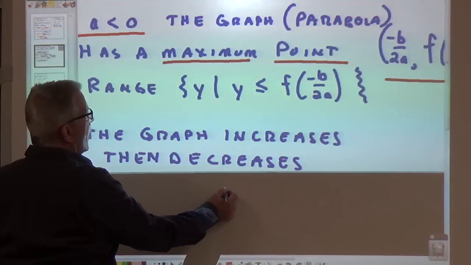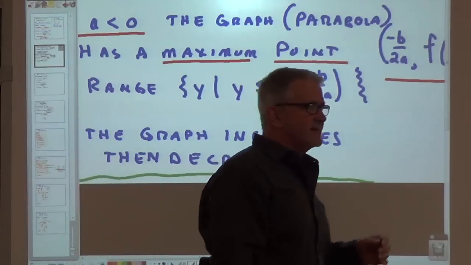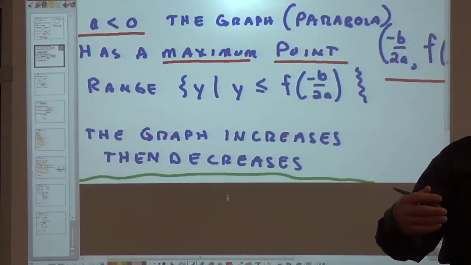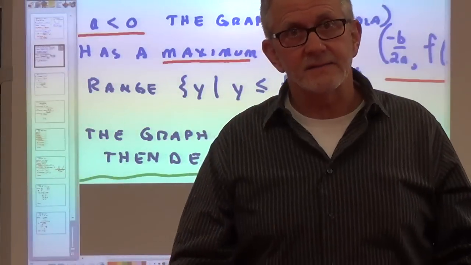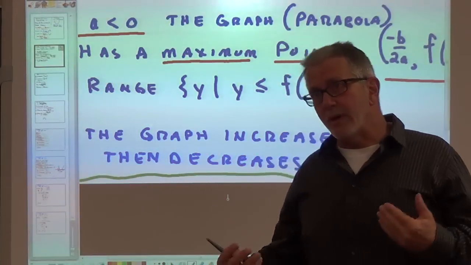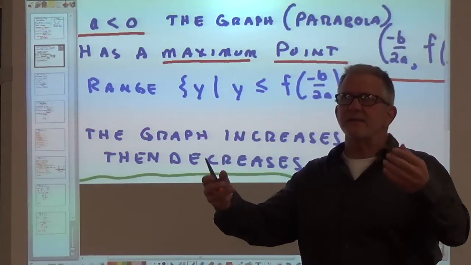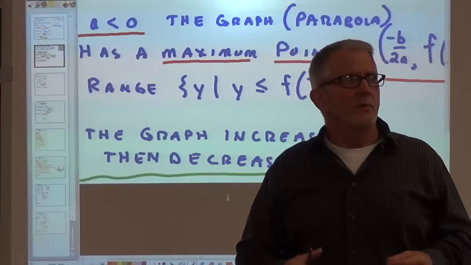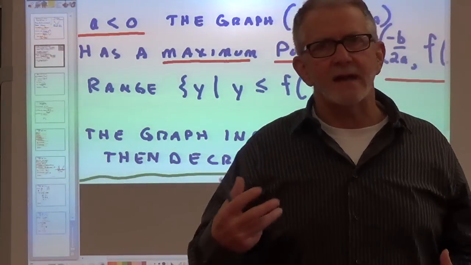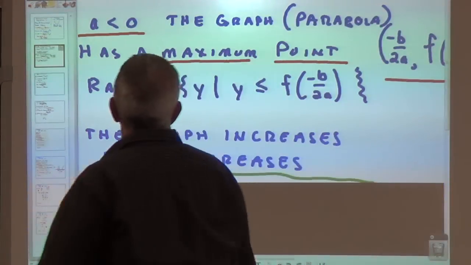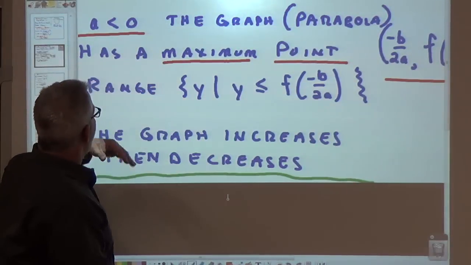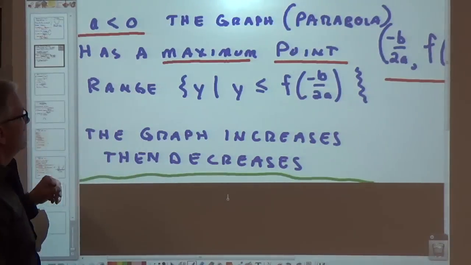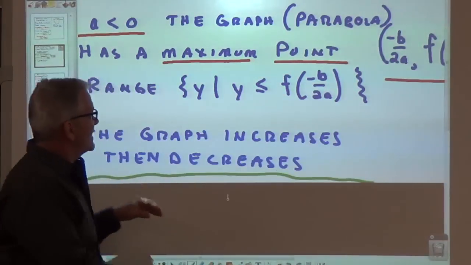Hey, what about, and this is something else if a is less than 0, something we're going to really talk a lot about in calculus and more in pre-calculus: is it increasing or decreasing? Where's that graph increasing? Where's that graph decreasing? If a is less than 0, the parabola has a maximum point, and the range is y is less than or equal to that. But guess what the graph does?